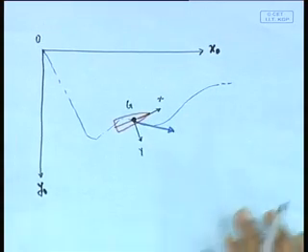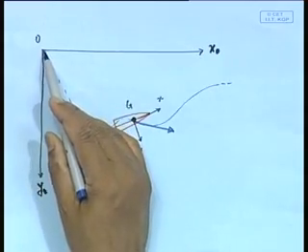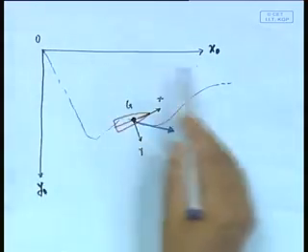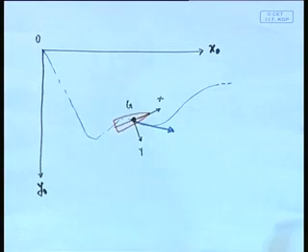So you see here, I have a space-fixed coordinate system O x0 y0. It is the inertial coordinate system, I may call it.